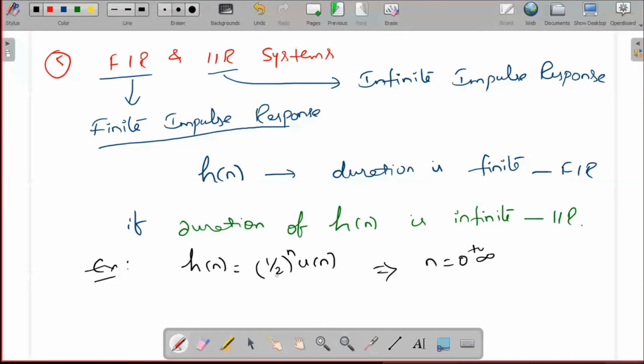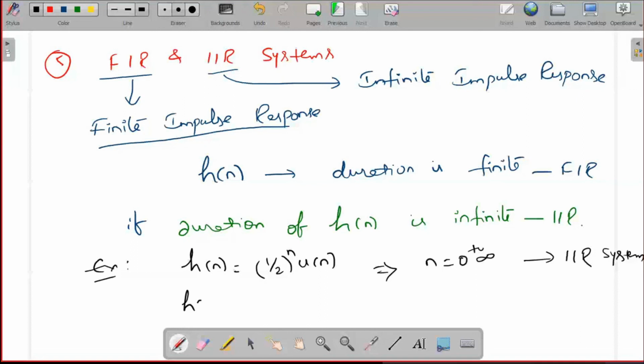Existing duration is the duration over which the signal has non-zero amplitudes. So here the impulse response exists over 0 to infinity, so the system is an IIR system.